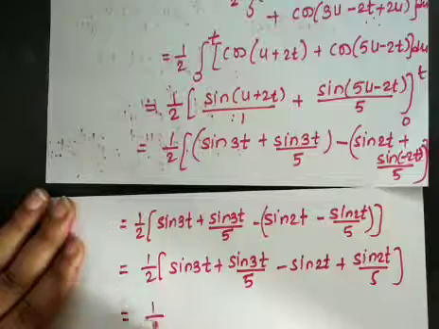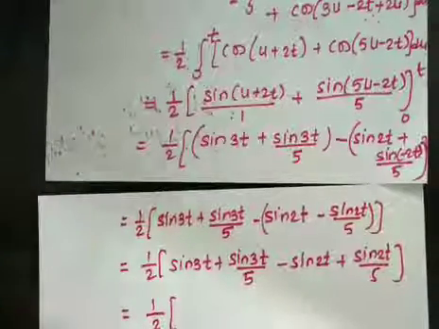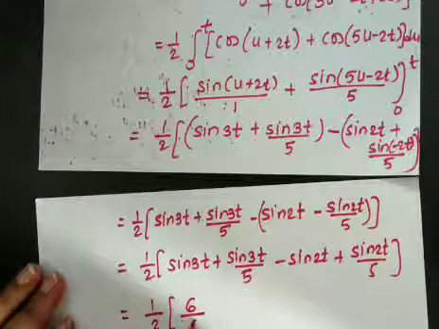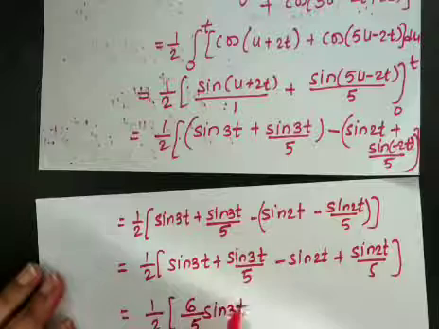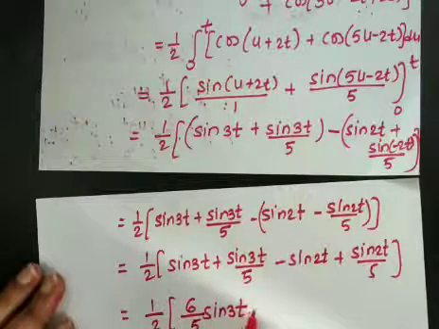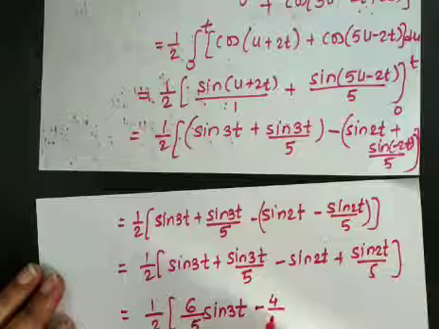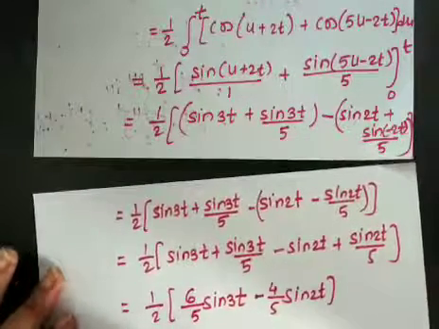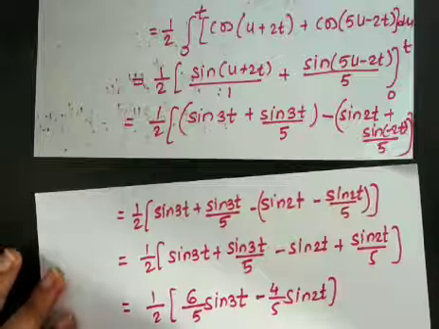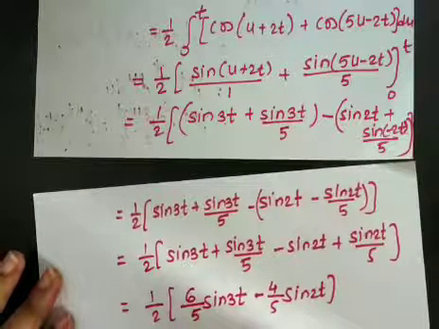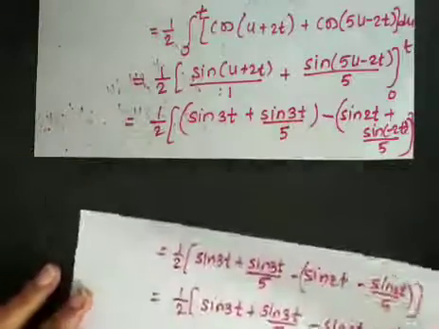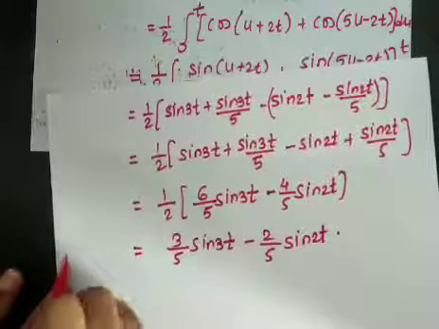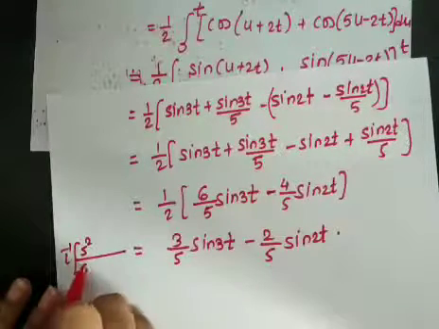That is equal to 1/2 (1 plus 1/5) sin 3t, that is 6 by 5 sin 3t, and this is minus 5 plus 1, that is minus 4 by 5 sin 2t, and thus your answer will be 3 by 5 sin 3t minus 2 by 5 sin 2t, which is the required answer by using convolution theorem.